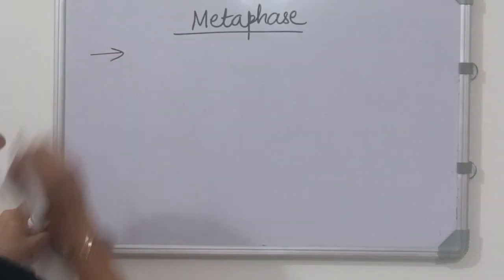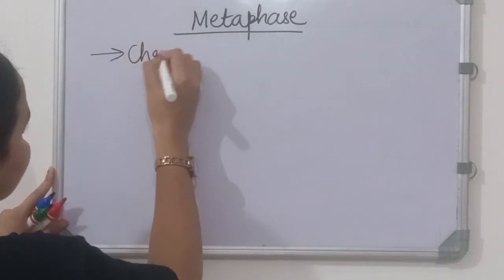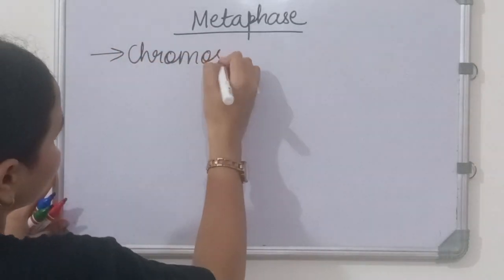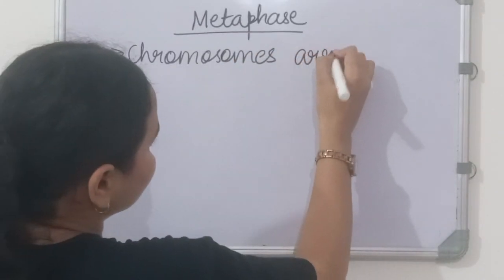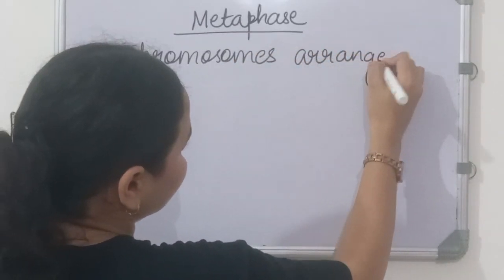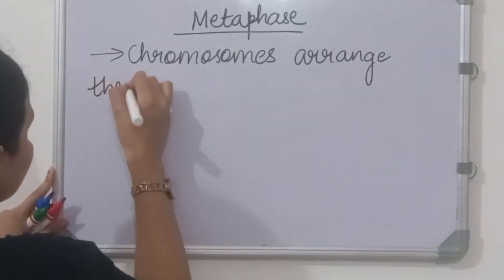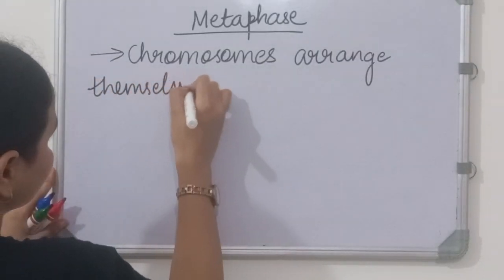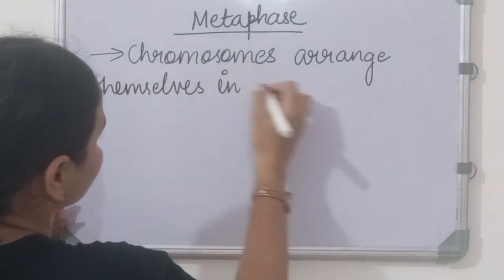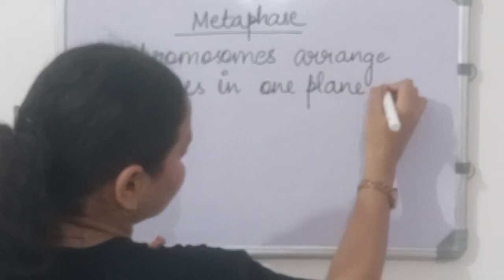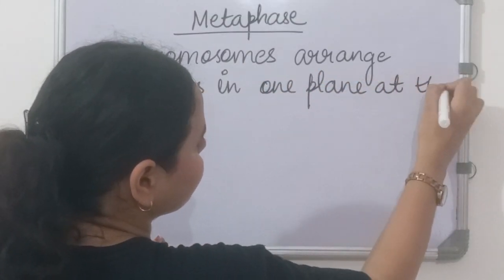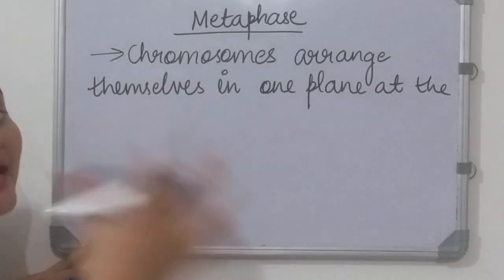First point is chromosomes arrange themselves in one plane at the equator, means at the center.